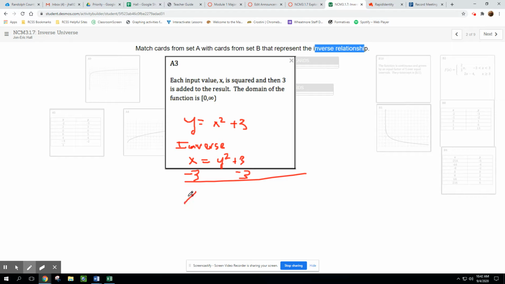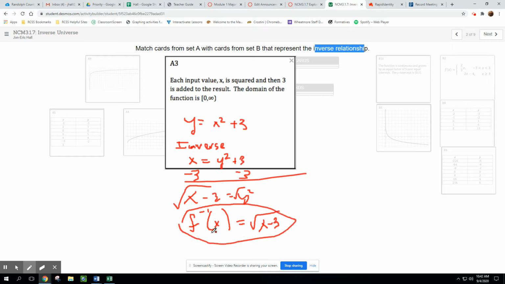You're going to get that x minus 3 equals y squared. And then you're going to want to square root both sides, right? And so your inverse function, which is denoted as f to the negative 1 of x, is going to be equal to now the square root of x minus 3. So that is your answer that you're going to end up getting as far as the inverse function.